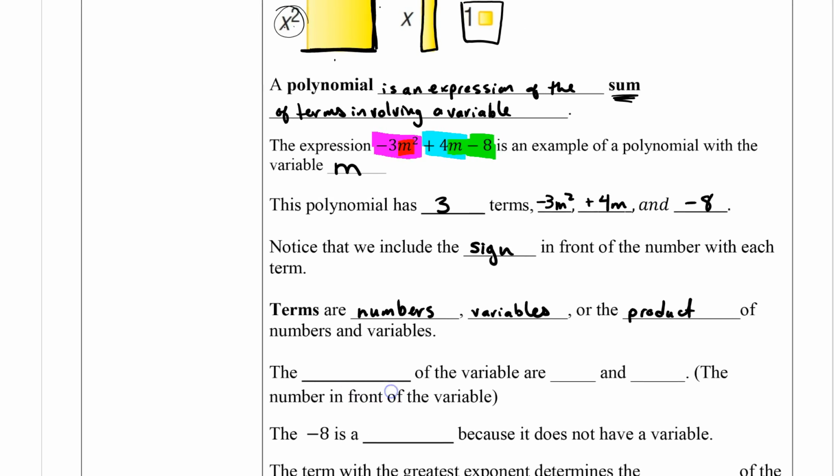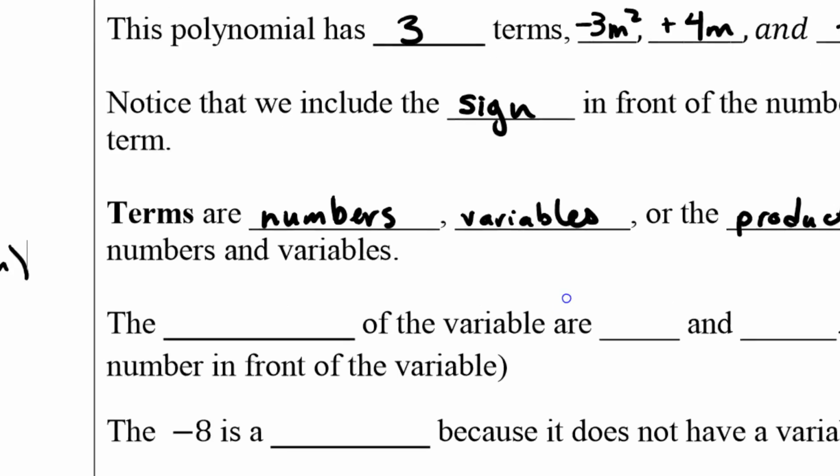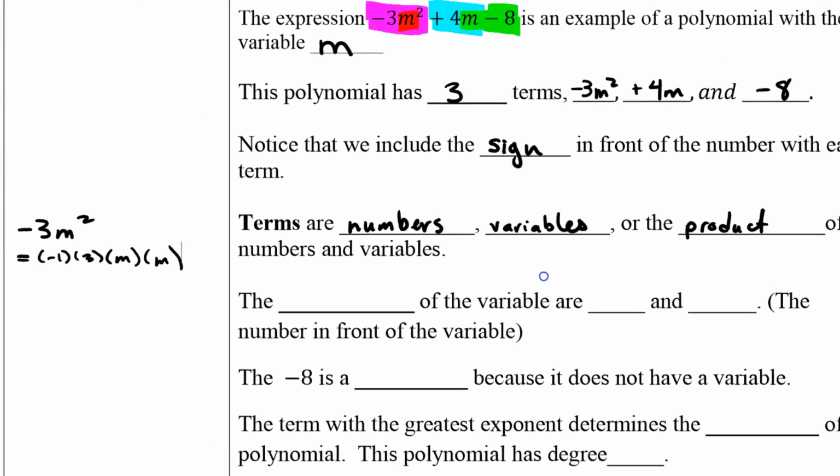So if I were to look at this one right here, negative 3m squared, literally what I'm doing is I'm taking negative 1, and I'm multiplying it by 3, and I'm multiplying it by m, and I'm multiplying it by m. This takes way longer to write than this. So it's a way of combining things into shorter statements.